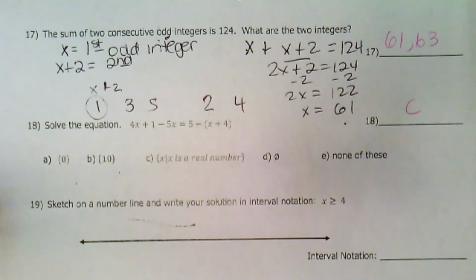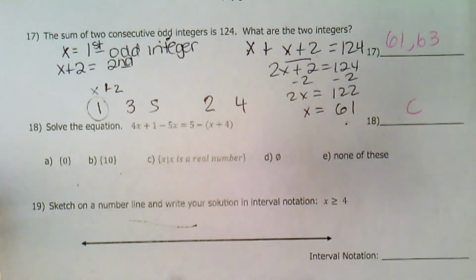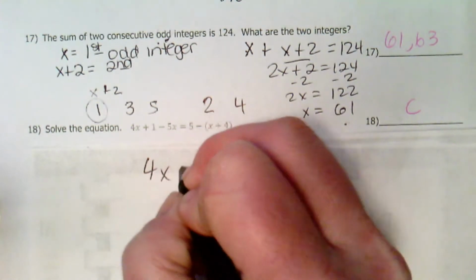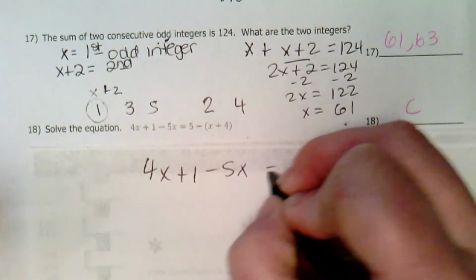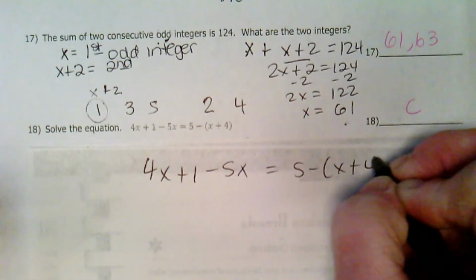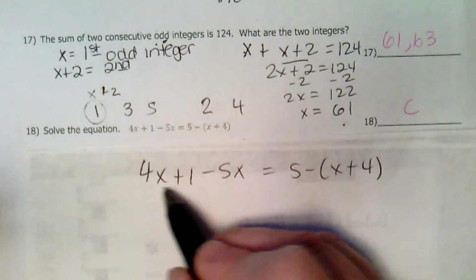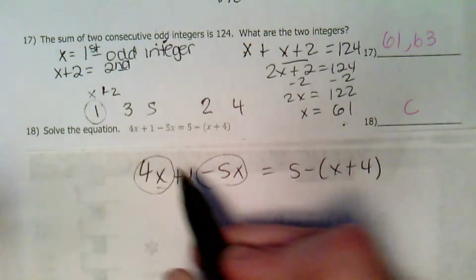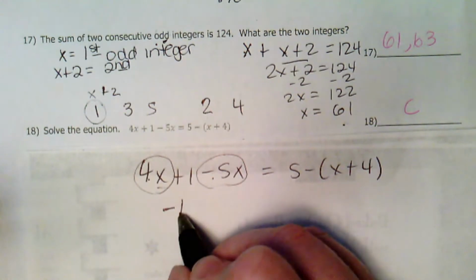Number 18, solve the equation 4x plus 1 minus 5x equals 5 minus x plus 4 in parentheses. Alright, so we want to combine like terms and simplify the equation best we can before we start switching sides. So let's do this side first. So I look at this, those are both x's. 4 take away 5.